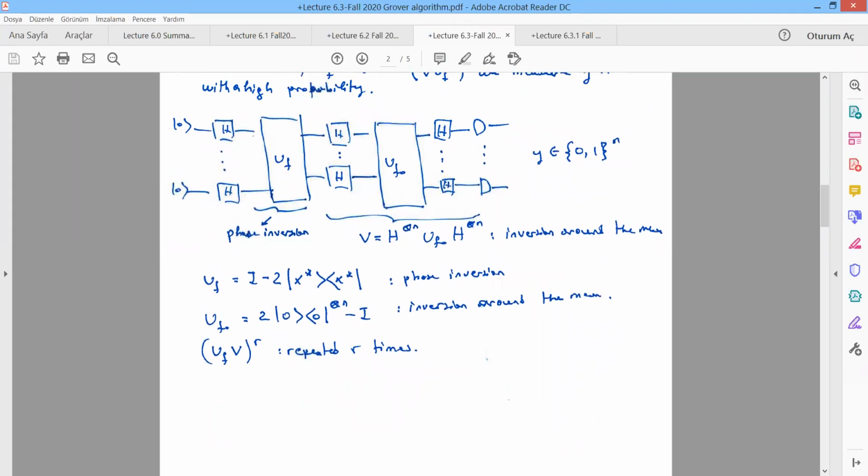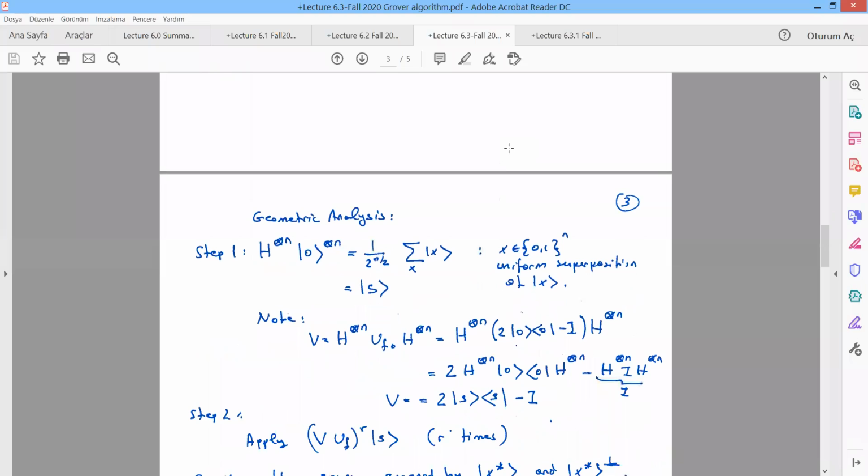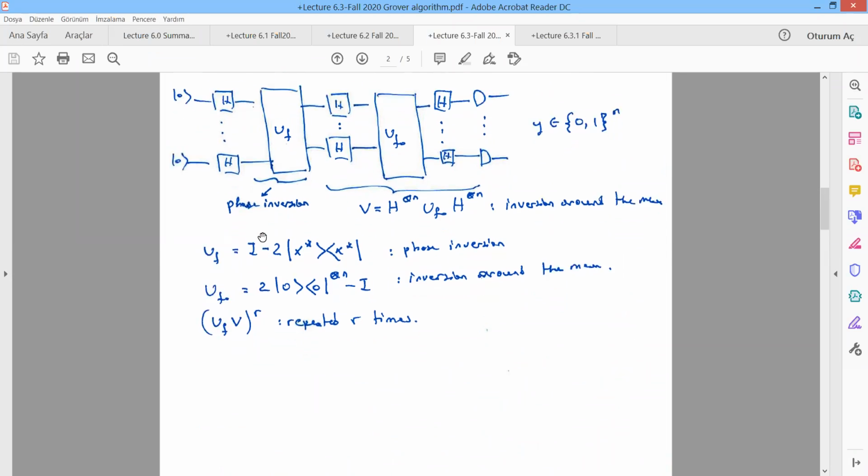And then we apply Hadamard tensored n times to this state. At step 1, we are here, at the first step of this circuit.